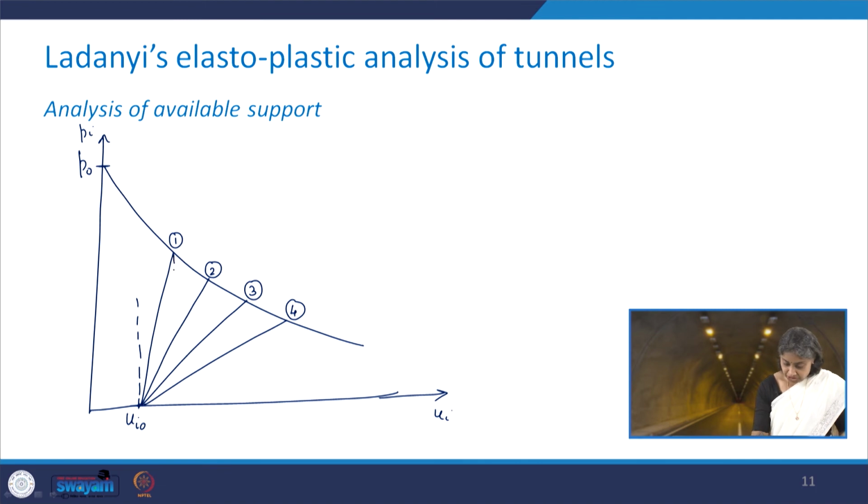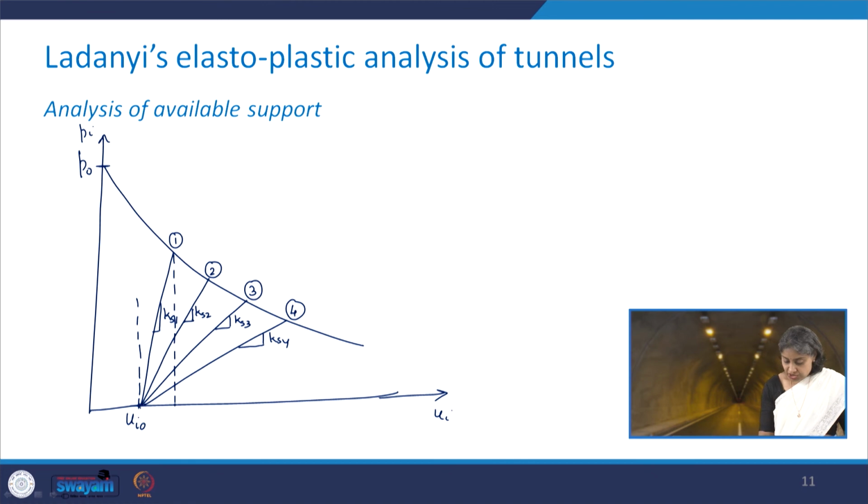Corresponding to the first one, let us focus first. Say that it has the stiffness Ks1. Similarly, the second one has Ks2, the third one is Ks3, and the fourth one is Ks4.